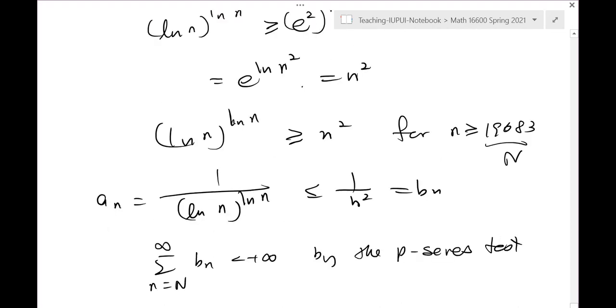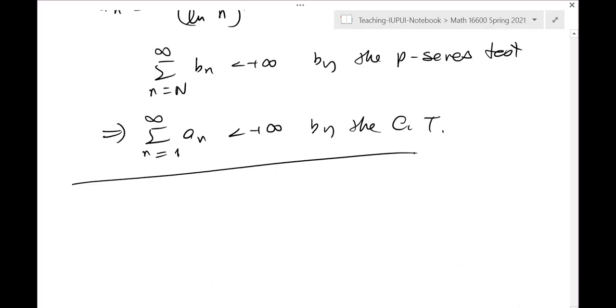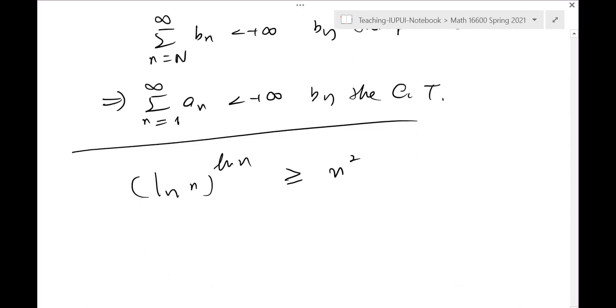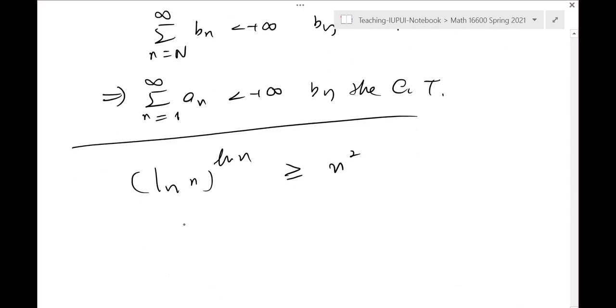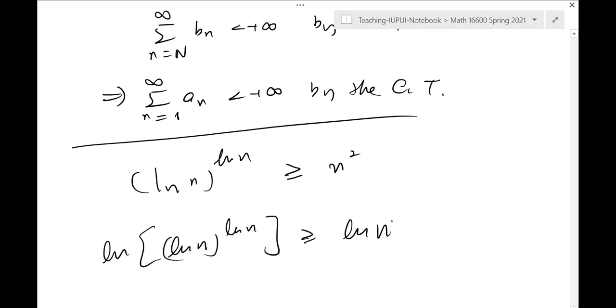You can also directly see how. I want to prove that this is true. I believe that's possibly true. So how can you do that? You put the natural log on both sides to see if I am able to get the square.